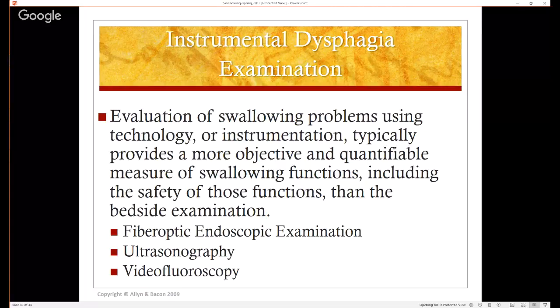And then video fluoroscopy, also known as the modified barium swallow, or MBS. It's an instrumental approach that's most commonly used for swallowing evaluation. It's kind of like the gold standard that's used in most cases, and it's going to give you information on all phases of the swallow.